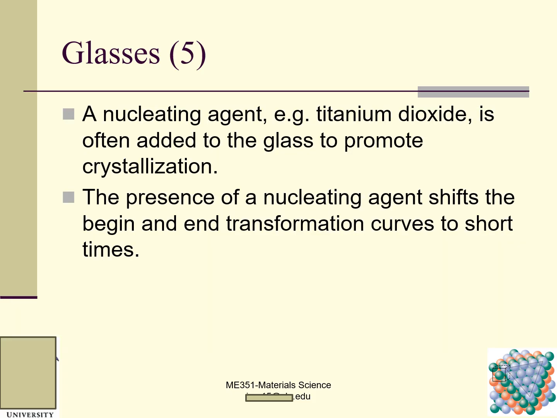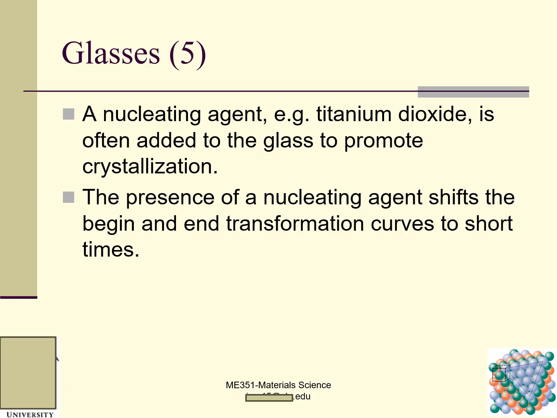And a nucleating agent. Sometimes we need some agent. For example, titanium dioxide is often added to the glass to promote the crystallization. The presence of a nucleating agent shifts the begin and end transformation curves to shorter time.